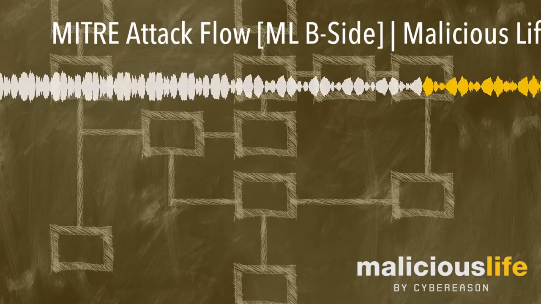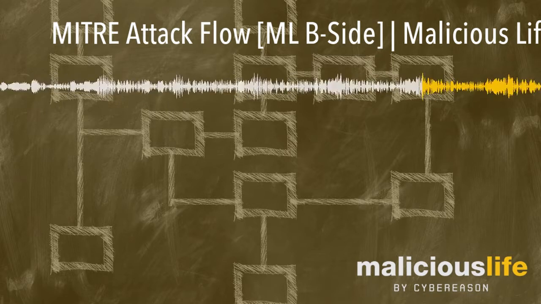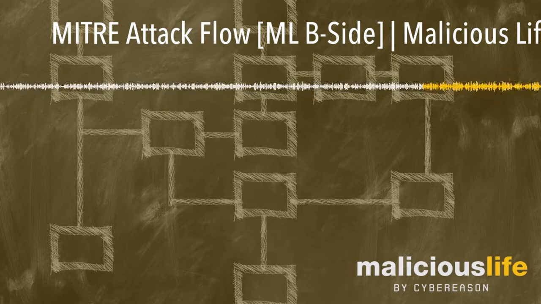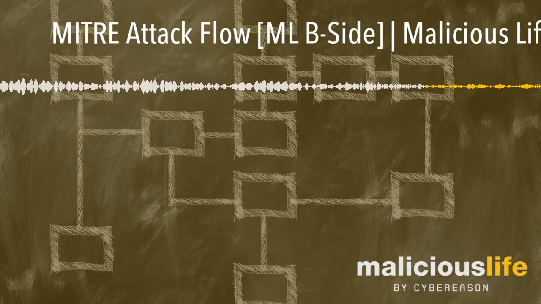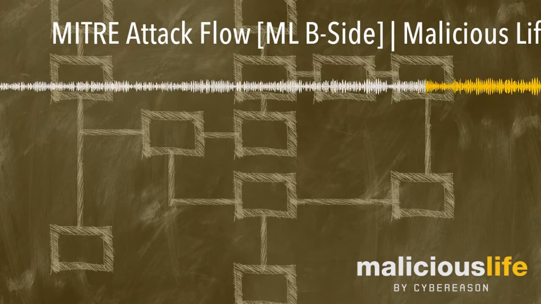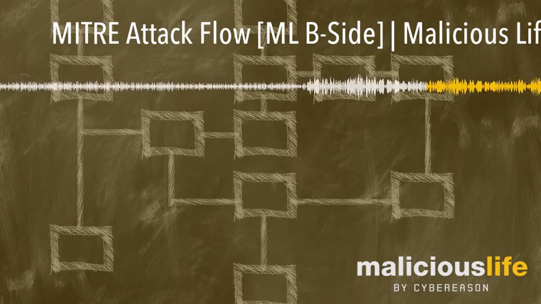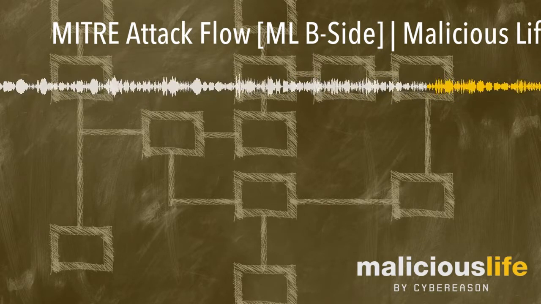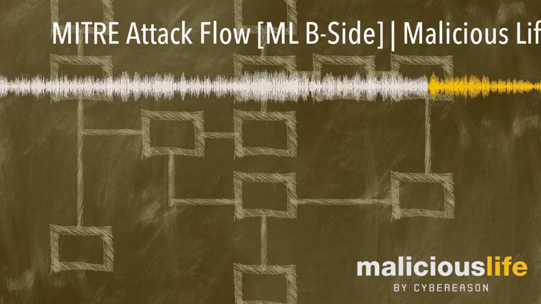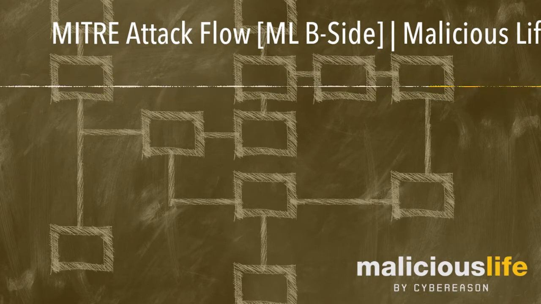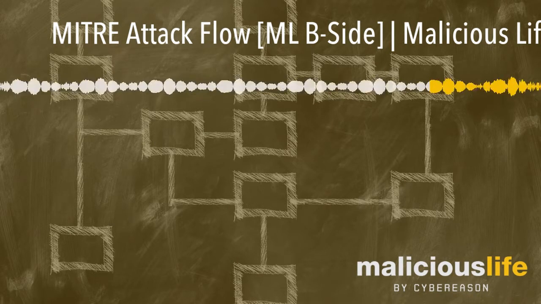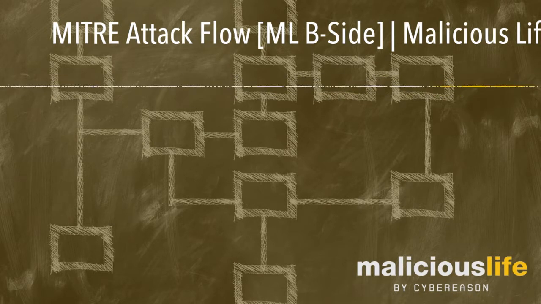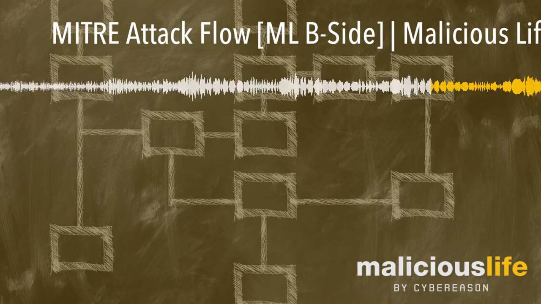And one of the things that made our participation in the attack flow research so much fun and so natural is that natural alignment between that operation-centric approach, or the MALOP approach that Cybereason has taken, and the approach that the attack flow research takes, which I think really aligns extremely well with each other, right? The same rationale of an attack is a flow, and we need to be able to detect that flow, communicate that flow to enable defenders to really reduce their time to respond to what the attacker is doing.